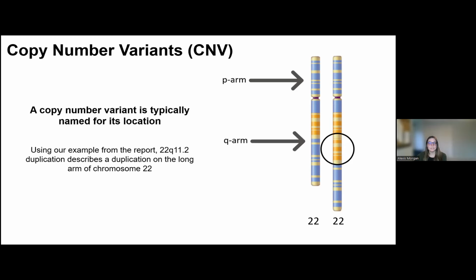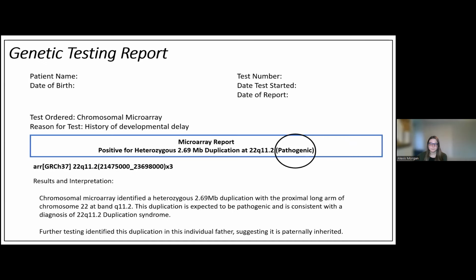Specifically, there's a duplication on the Q arm located at band 11.2. The report will also note the classification of the copy number variant. This specific report states that this is a pathogenic variant or a variant known to be associated with a condition.